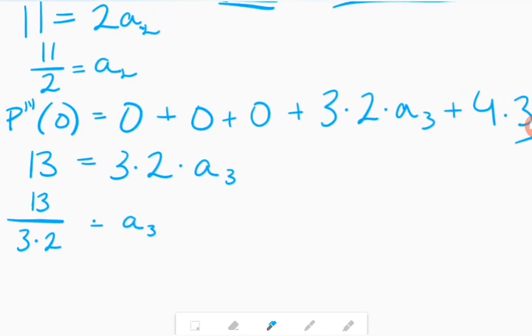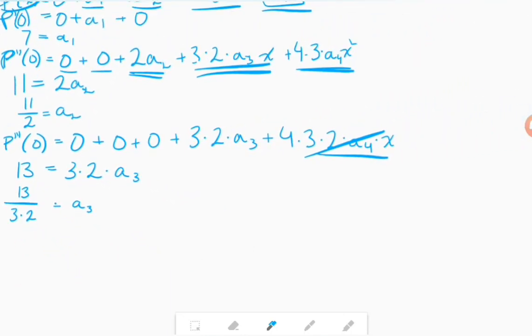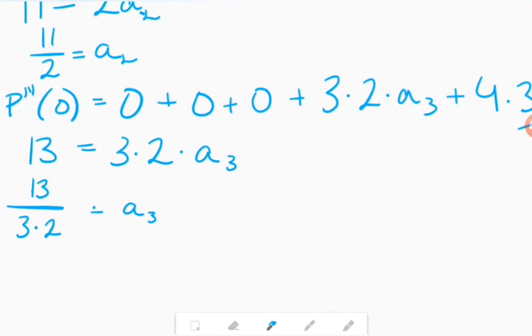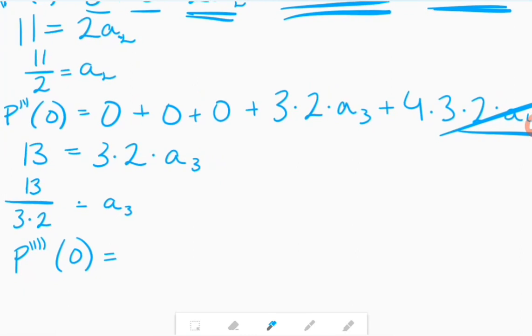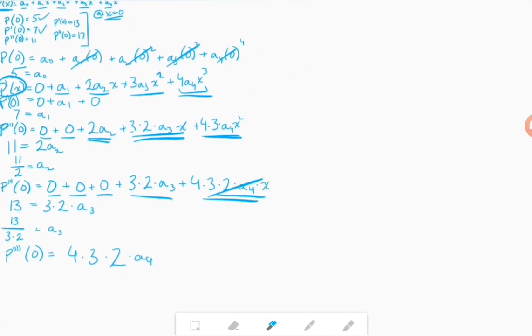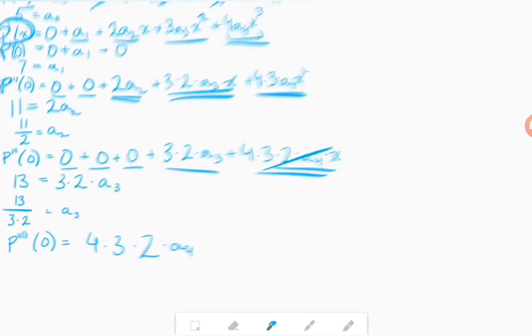Alright, so I have a sub 0, a sub 1, a sub 2, a sub 3, and finally, I'm going to do the fourth derivative. All the other terms are just going to be 0, so I'm left with the derivative of this term, which is 4 times 3 times 2 times a sub 4. They gave me that the fourth derivative of p at 0 is equal to 17.